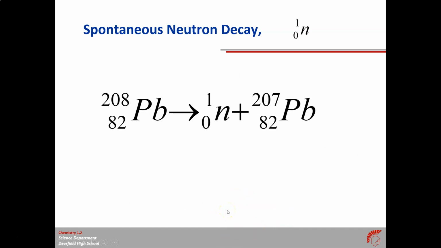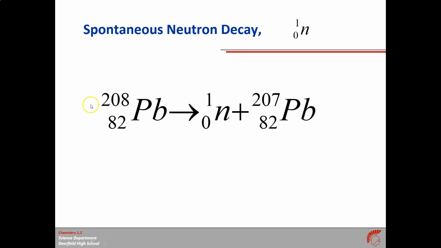Spontaneous neutron decay is pretty simple. Isotopic notation for a neutron, like you saw on the last slide, is 1, 0. So if a neutron gets ejected, again, this is not the more common way. If there are too many neutrons, more likely than not, a neutron is going to split because it gains a proton if that happens.